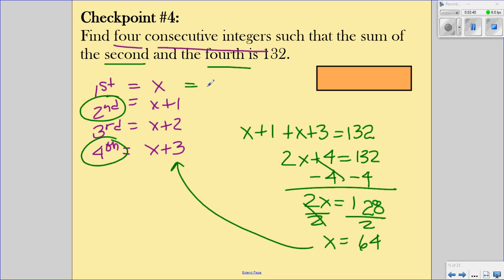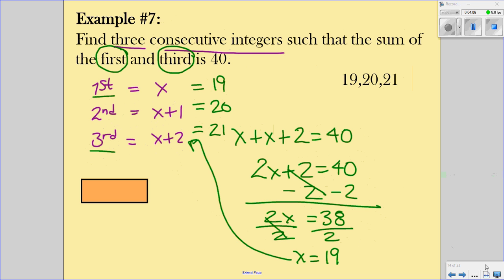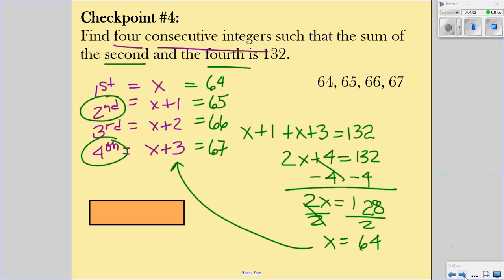Even though you only use the second and the fourth number to find your x, you need to give me, at the end, as your final result, all 4 answers. So this is 64, this is 65, 66, and 67. Okay, and show that. I don't think I did that for the other one. Oh, yeah, I did. All right, so we're all good.